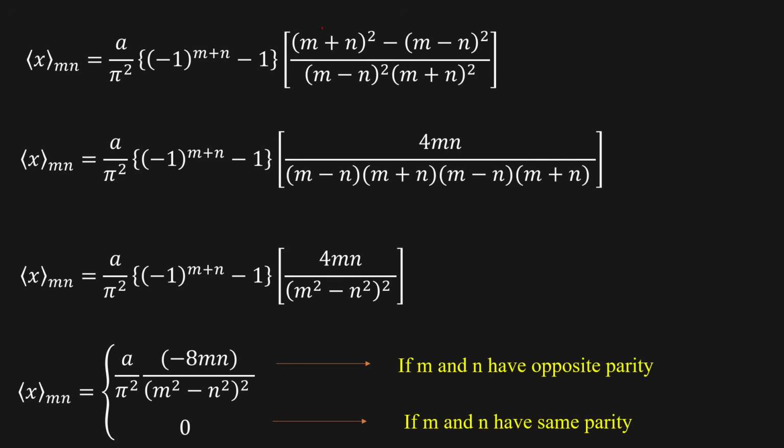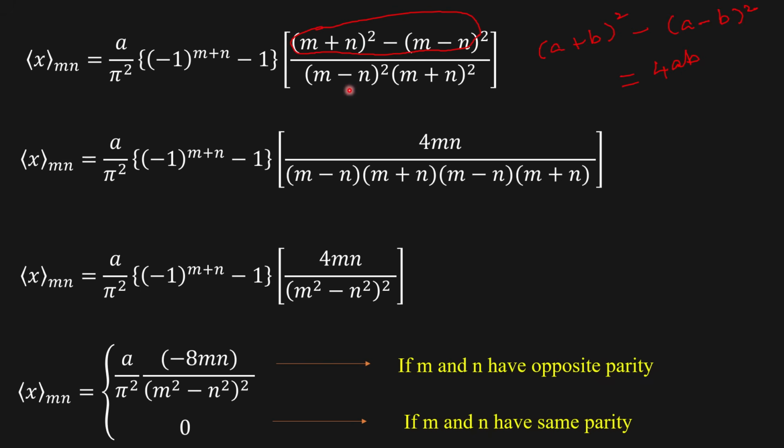Now you take the numerator. The numerator is in the form of (a plus b) whole squared minus (a minus b) whole squared, which is equal to 4ab. This is a well-known result. So this numerator will become 4mn.